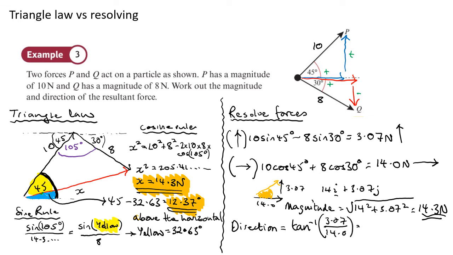So let's do that. Tan inverse 3.07 over 14, and we get 12.368 or 12.37. So 12.37 degrees above the horizontal.